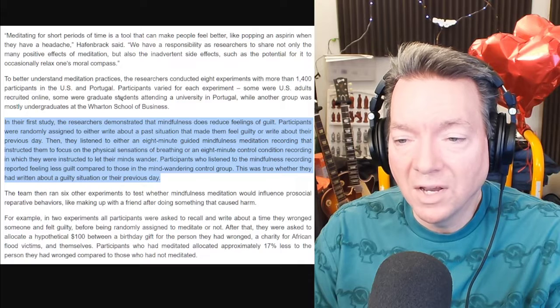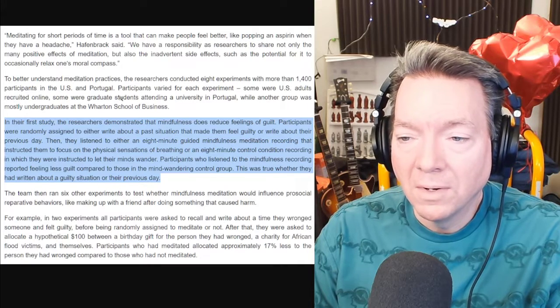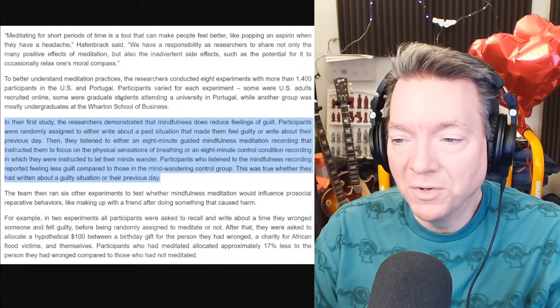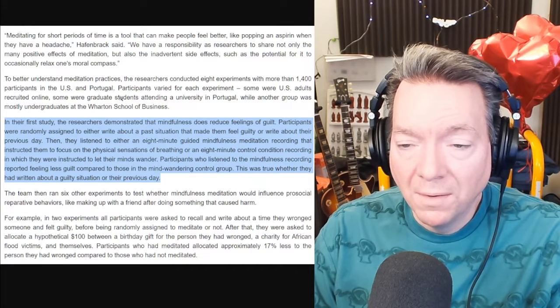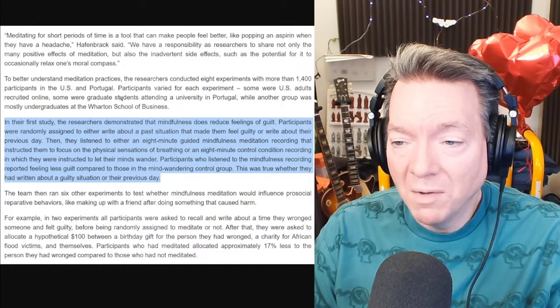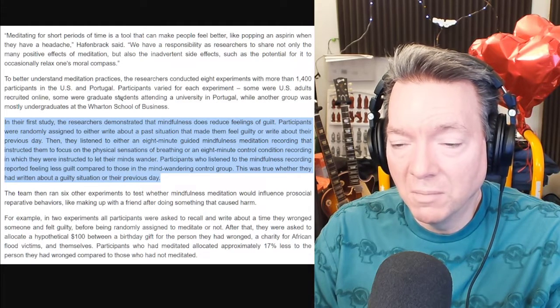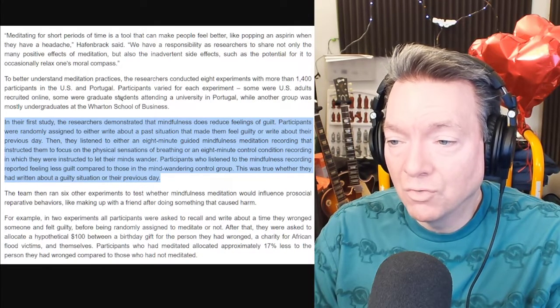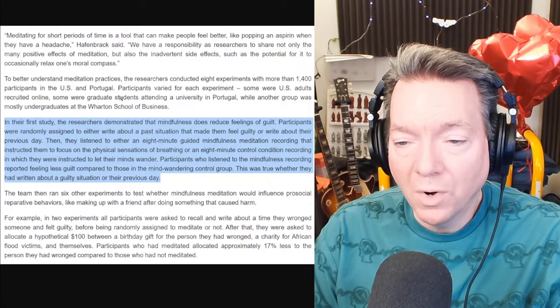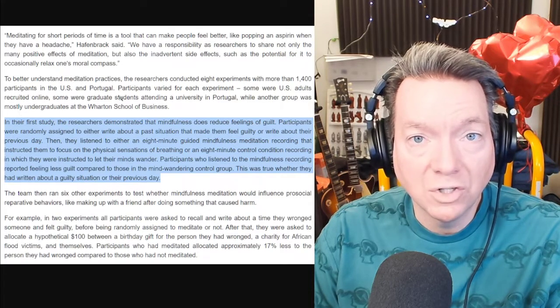Participants were randomly assigned to either write about a past situation that made them feel guilty, or write about their previous day. Then they listened to either an 8-minute guided mindfulness meditation recording that instructed them to focus on physical sensations of breathing, or an 8-minute control condition recording in which they were instructed to let their minds just wander.